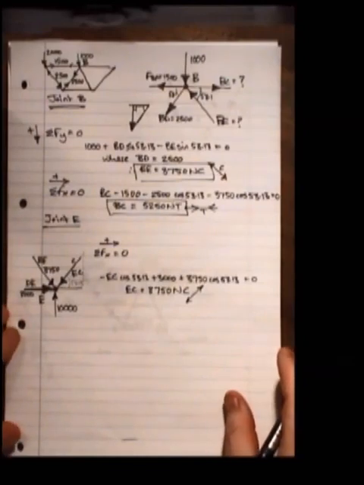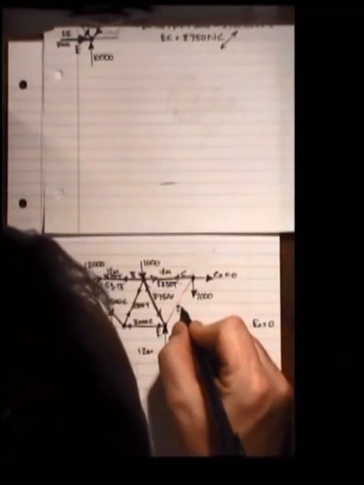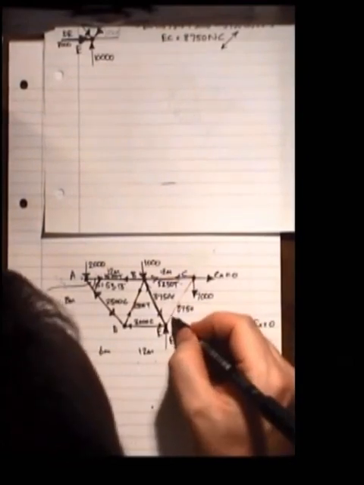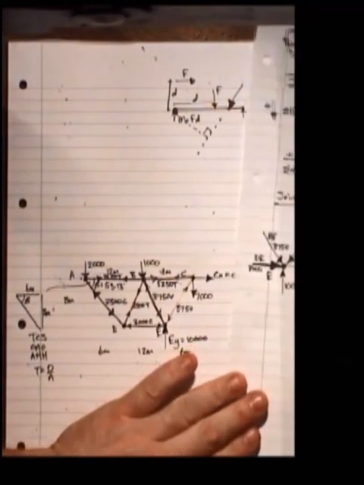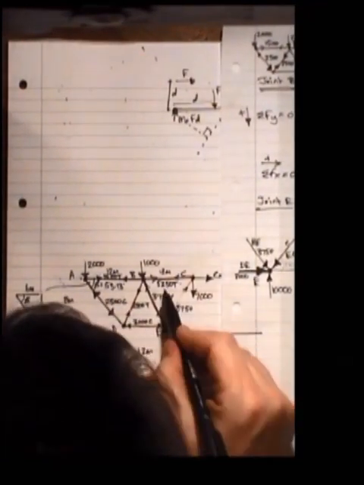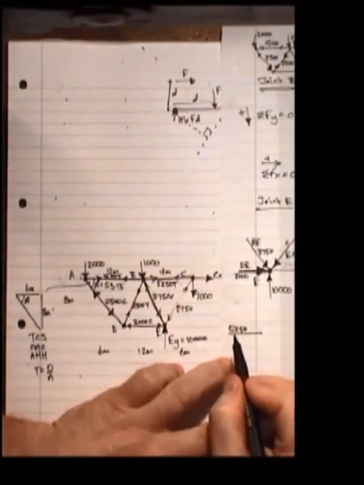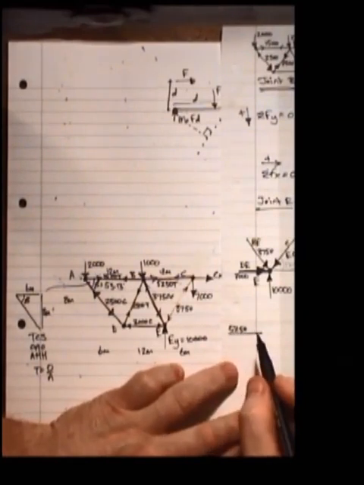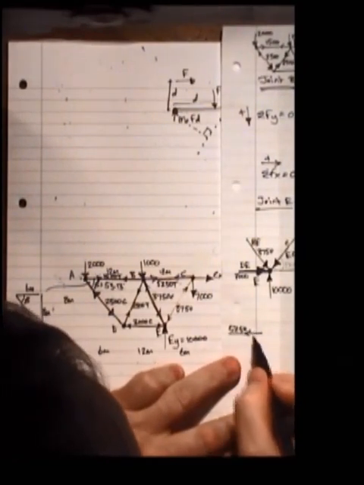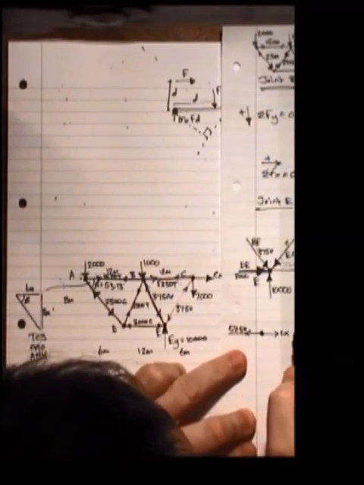Now the last thing that we do is a check. So if I just add 8,750, both pointing outwards. If we look at our last joint, that's C. So at C, we've worked out that we've got 5,250 going this way, we've got our CX.